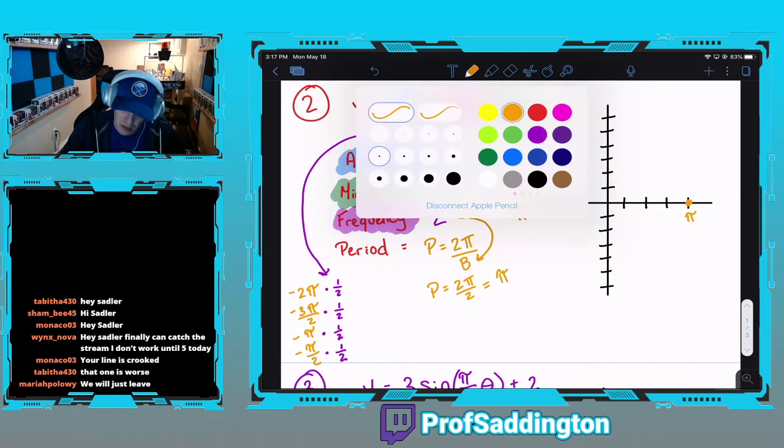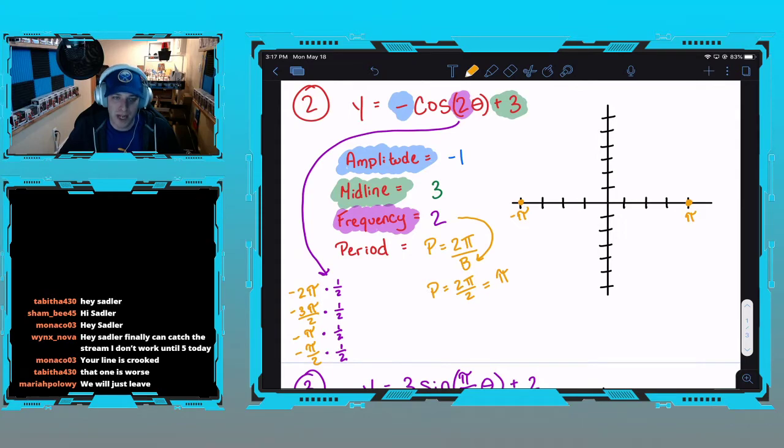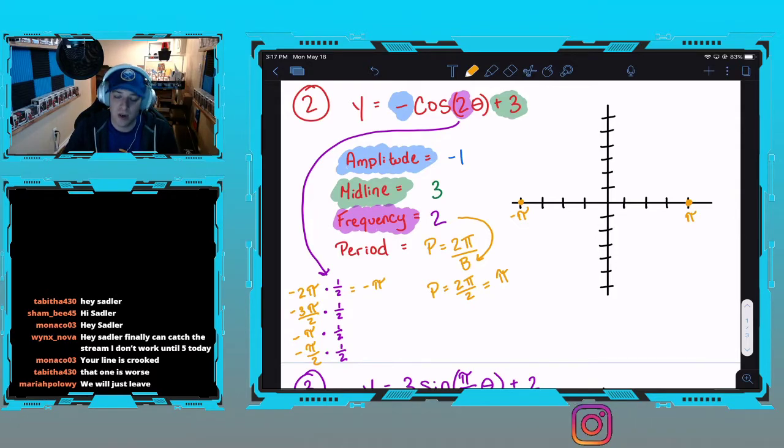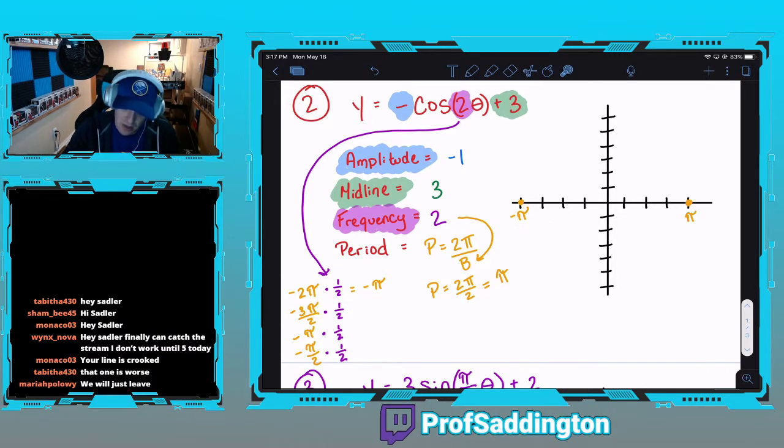So if I go to do the first one, negative 2 pi times 1/2, if you were to multiply it out, the 2's would cancel, and you're really just going to have negative pi, which is what we already said we were starting with. We said we were starting with negative pi, so that's okay. The next one, if you guys go to multiply it out, you'll have negative 3 pi over 4.